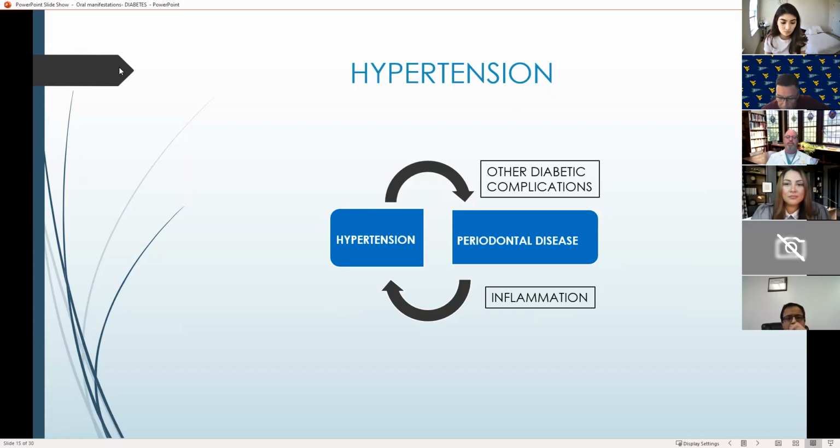This hypothesis is mainly based on findings that periodontal therapy is beneficial for systolic and diastolic blood pressure. However, longitudinal research in the opposite direction is lacking. Hypertension might very well be a risk factor for developing periodontitis, as it is for other diabetic complications.